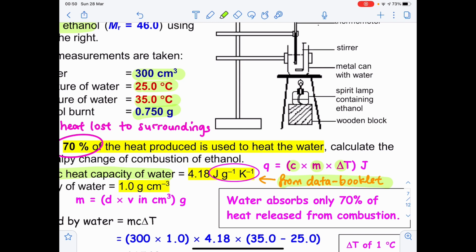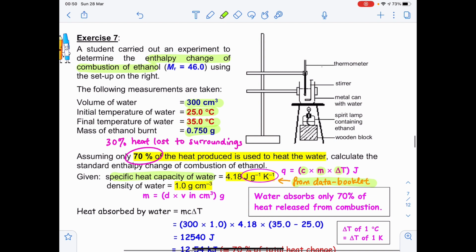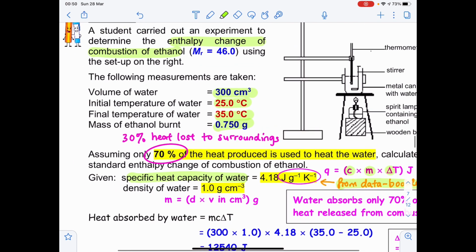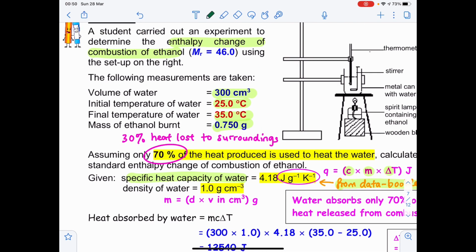So Q equals mcΔT, where m is the mass of water in the metal can, because it is the water that absorbs the heat from the combustion process. And to calculate the mass of water in the metal can with the volume given, you will need to know the density. So mass of water is equal to density times volume.